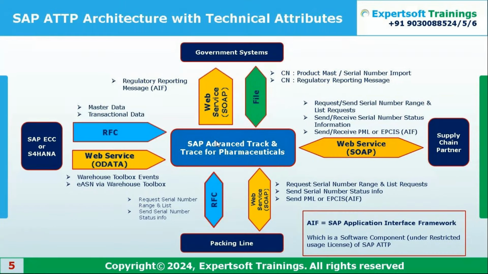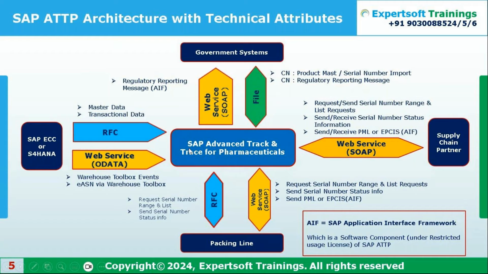Once we are requesting serial numbers, the status of the serial number will be new. When we are sending the serial numbers back to ATTP, the status of the serial number is commissioned. And in between, if let's say they have produced 100 bottles, and out of those two bottles somehow got broken, they need to send another update to ATTP that two serial numbers have been decommissioned.